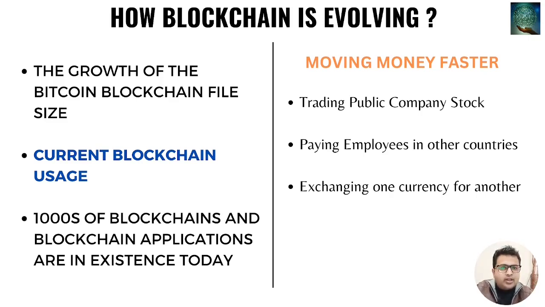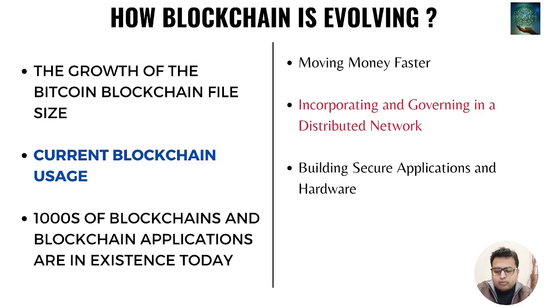So cryptocurrency solves that problem instantly without any intermediary. You can directly send the value to their wallet, and the person can be sitting in any part of the world. Exchanging one currency for another: let us suppose you have Bitcoin. For that Bitcoin you can get Ethereum coins, so we can exchange currency also.